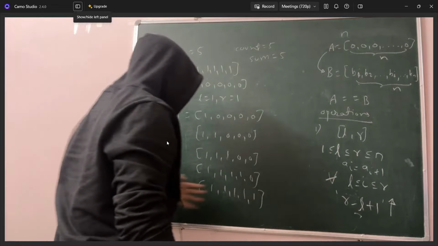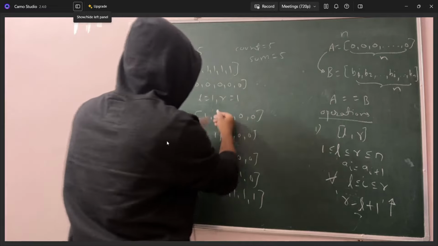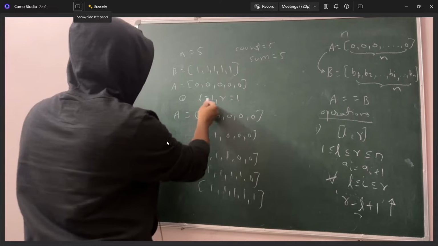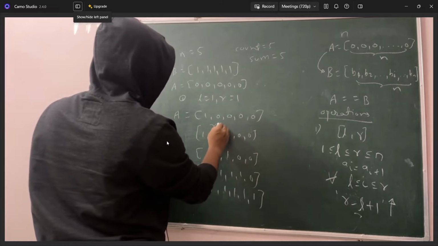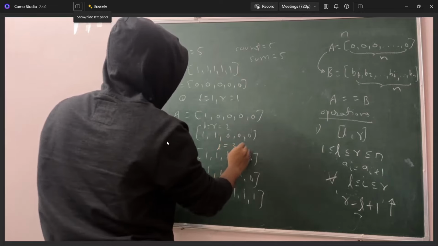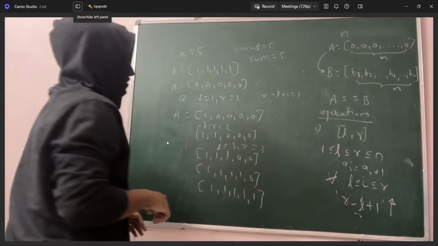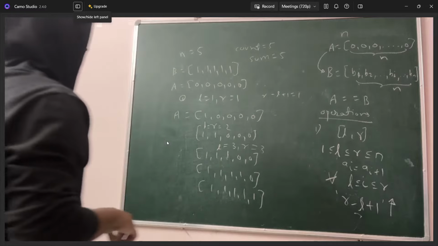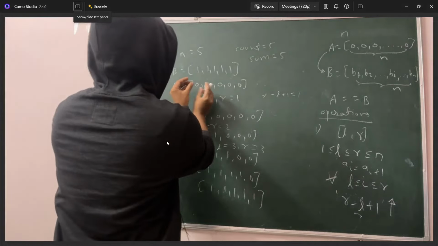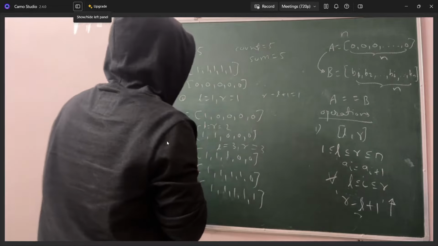So after doing 5 operations, both A and B are equal, and in every case you have taken L equals 1, R equals 1. Here you have taken L equals R equals 2. Here L equals 3, R equals 3. So your R minus L plus 1 is 1 only. In all the cases it is 1 only because you have taken one element. So the range is 1 only. At max you have taken a range of 1 only.